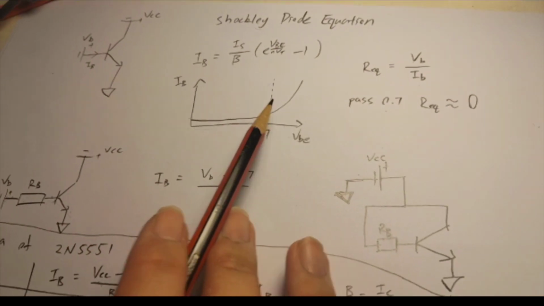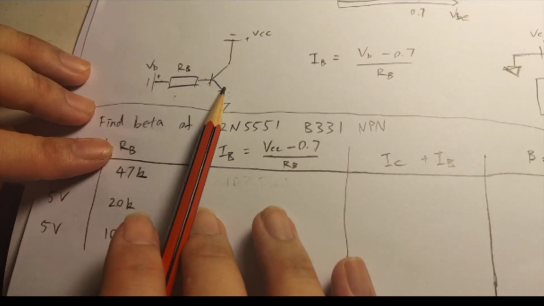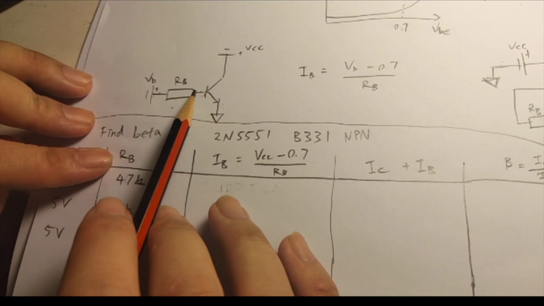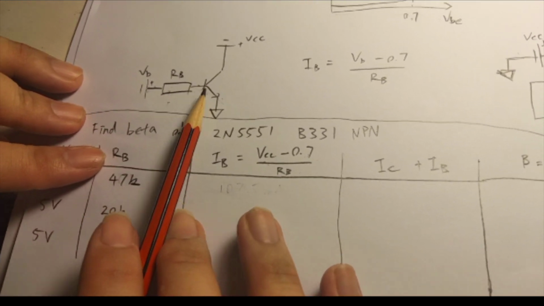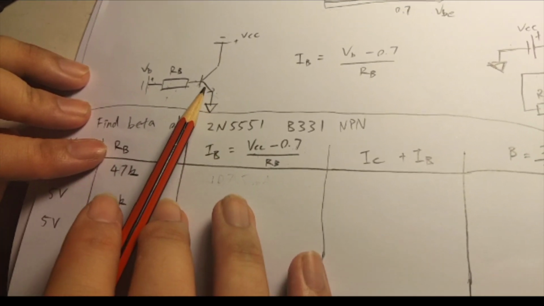Which means that if we come back to here, if we subtract 0.7 from the voltage passed into the base, then the rest of the voltage drop needs to occur across the resistor. And the current is not limited by the junction because it's essentially got zero resistance at that point.